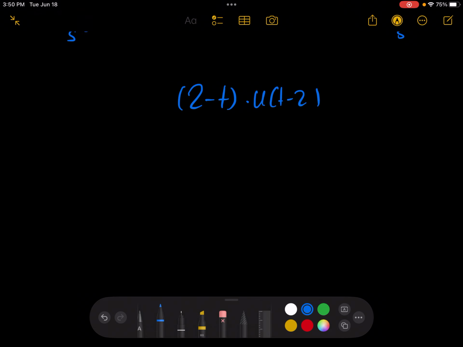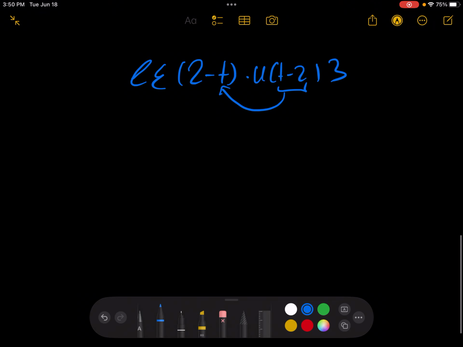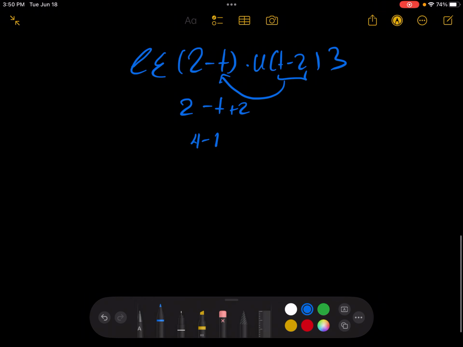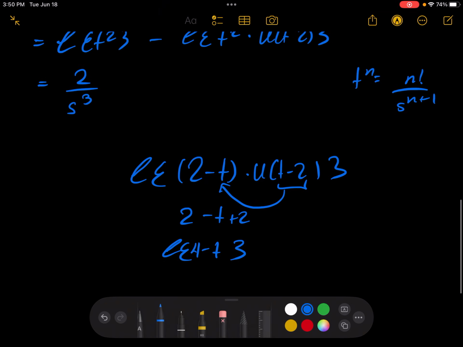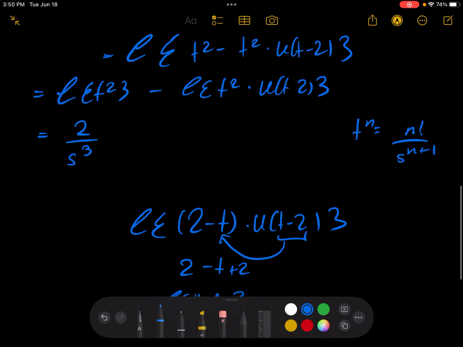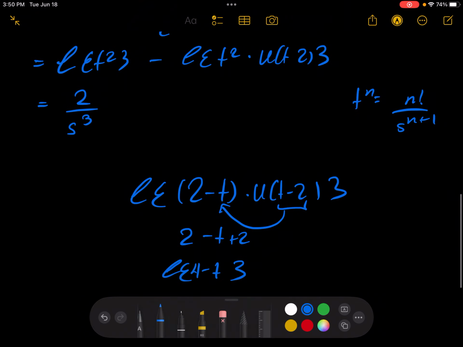So you're literally just, to take the Laplace of this, you're just subbing in this as t. So that's literally all you'll get. So you'll get t plus 2. So then you'll take the Laplace of 4 minus t. So you're just subbing in the t of whatever it is, and it works out, which is kind of what I found was crazy.